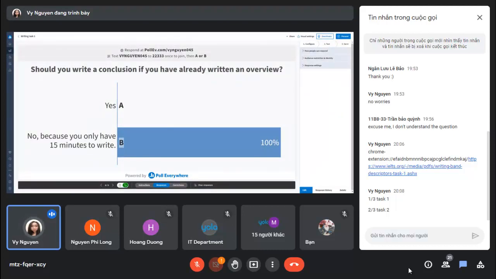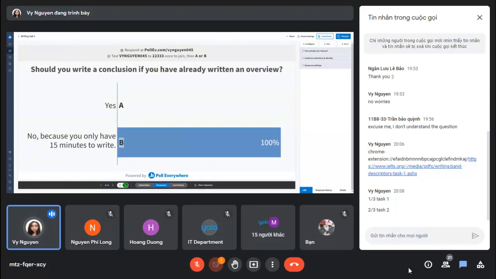So basically, it means task 2 will be 66.66% of your overall writing, and task 1 will only be around 33%, right? So, for example, if you get 6 points for writing test 2, and you only get 5.5 for writing test 1, then your overall score will be 6 points, right?